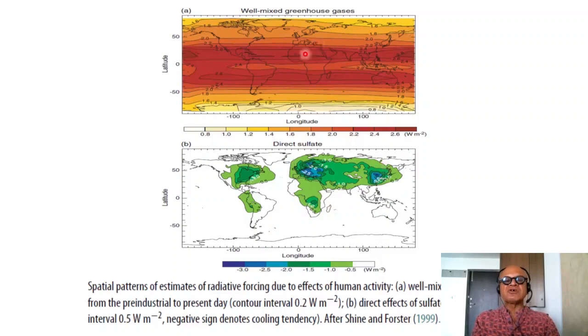But the well-mixed greenhouse gases have uniformly increased the radiative forcing of the climate over time, and the forcing is high in the low latitudes compared to high latitudes, and this has got many consequences.